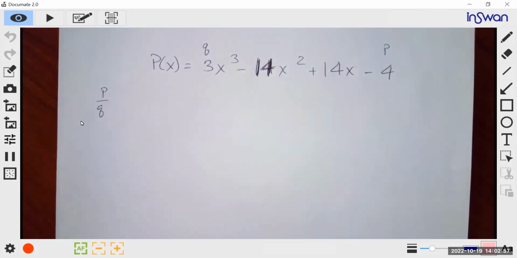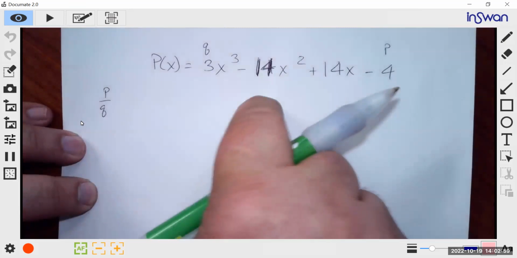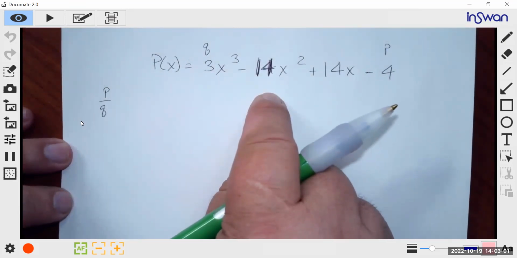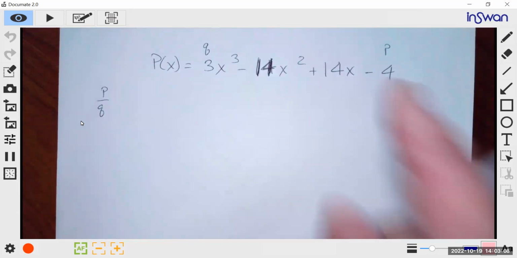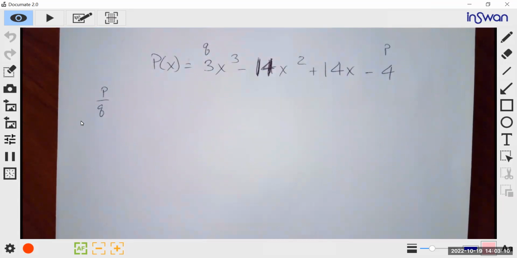Because if you think about it, how many different ways, because now our answers may be fractions. So far in the last section, all of our factors were either x plus 1, x minus 1, x plus 2. Now we can have answers that are fractions.